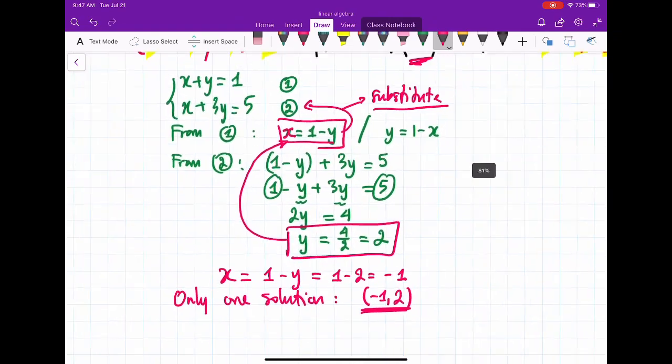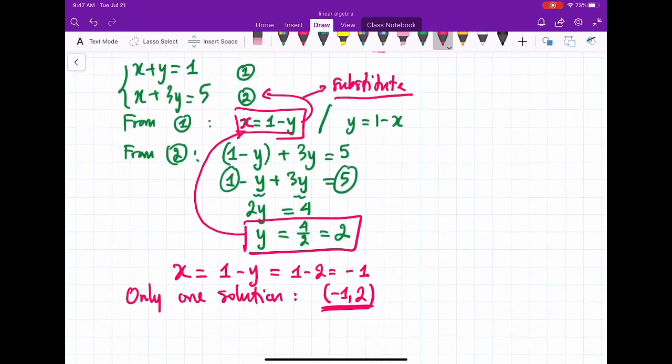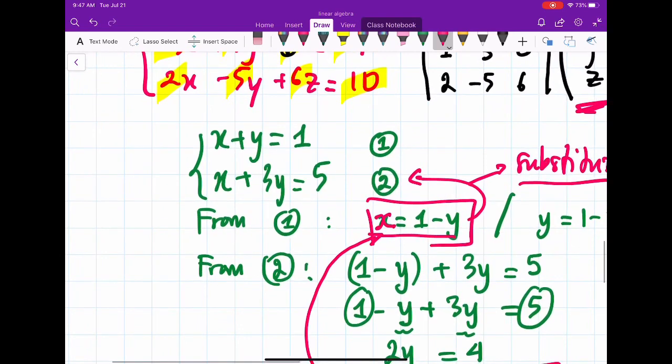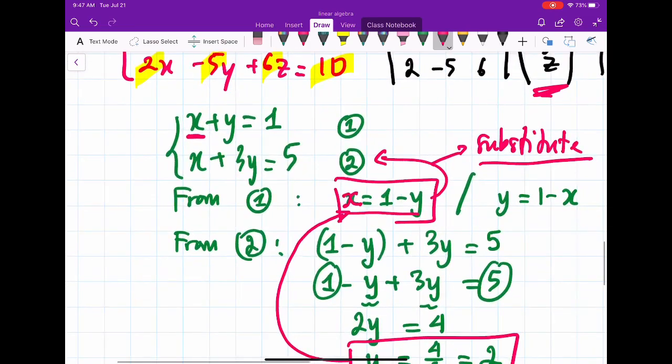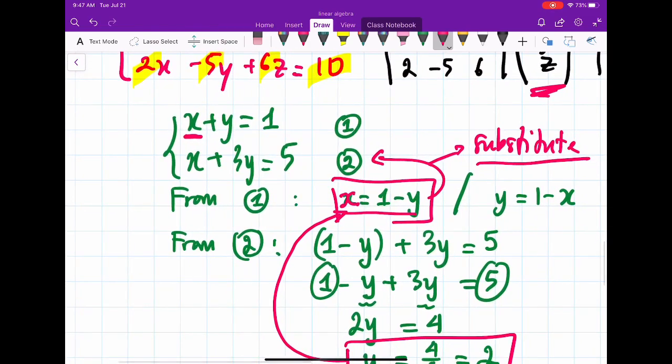All right? So, this way is called substitution. So that means you have to pick one linear equation. You choose one variable, express and solve that equation for that variable. We already did that at the beginning of this video, how to solve a linear equation, and then you substitute that into the second equation.